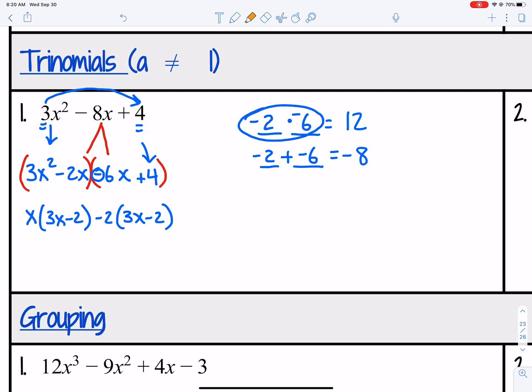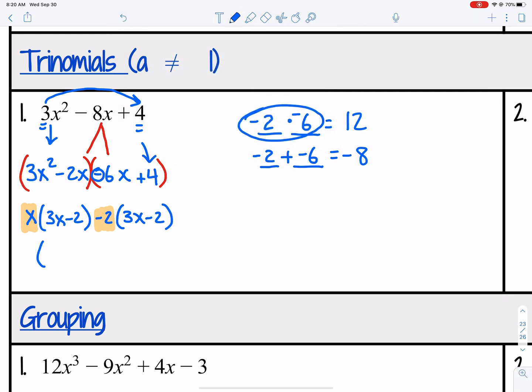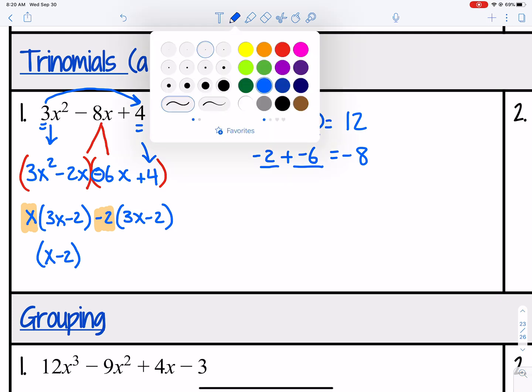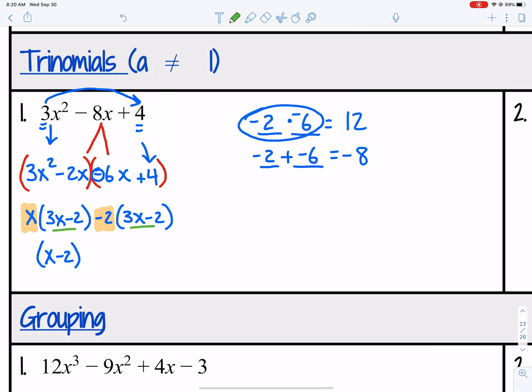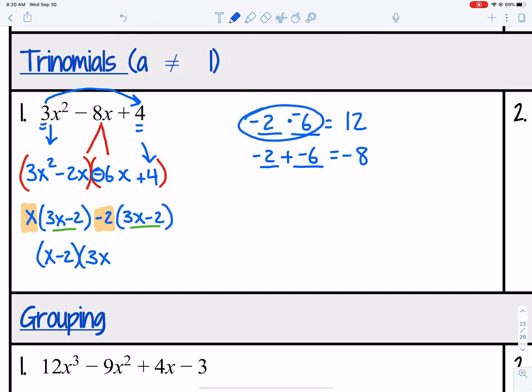Then you want to take the terms that you took out, those greatest common factors, and write that as one of your factors. So put x minus 2 together. And then the matching factor, the 3x minus 2, you only write one time. And so my factors are x minus 2 and 3x minus 2.